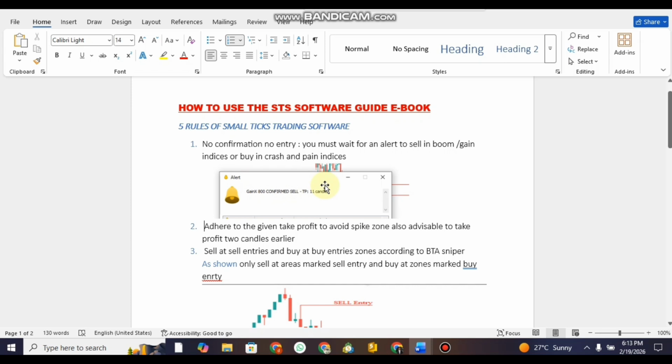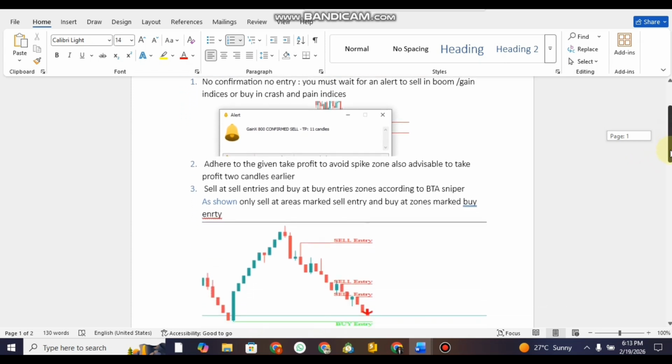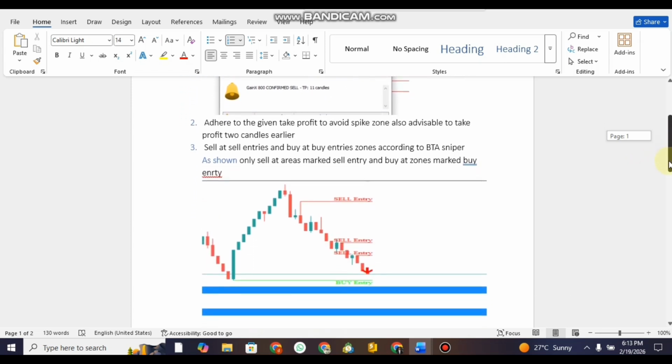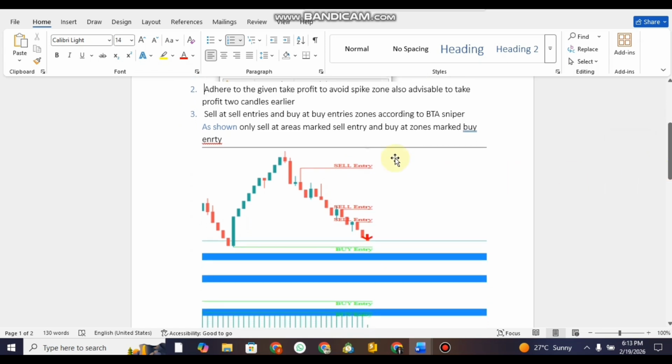Without that, you cannot have an entry. But remember one thing that I said, which is very important. Make sure on your small ticks system, you have set buy in crash market or pain, and you have set sell in gain indices, and also on boom indices you have set sell on the small ticks software.